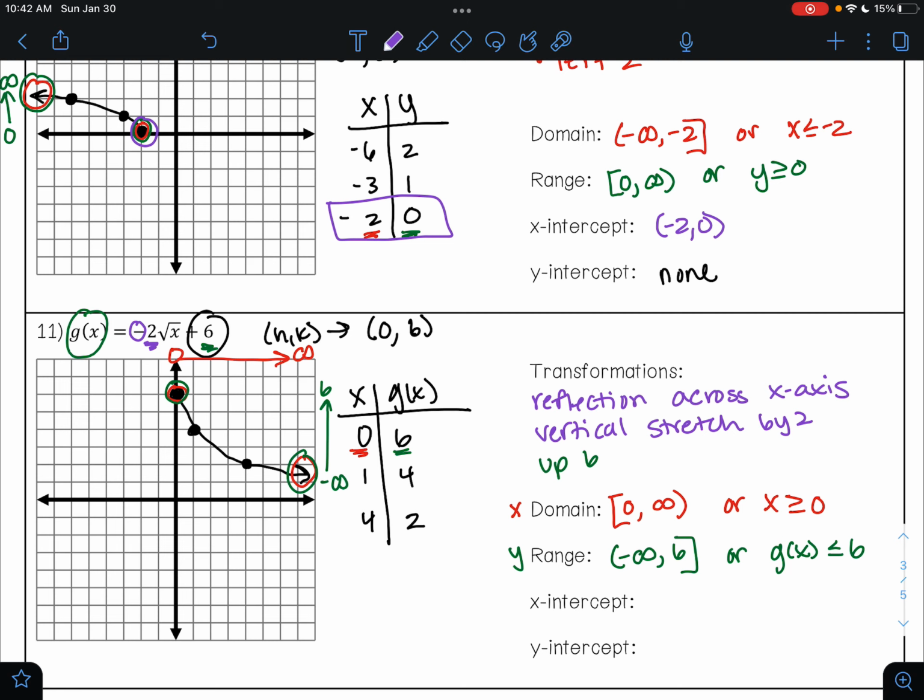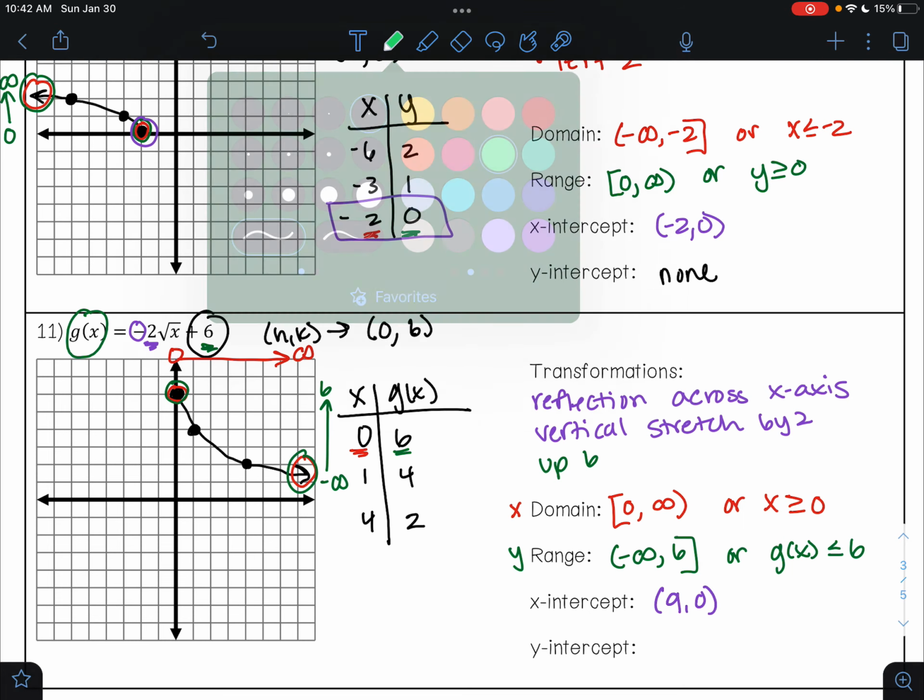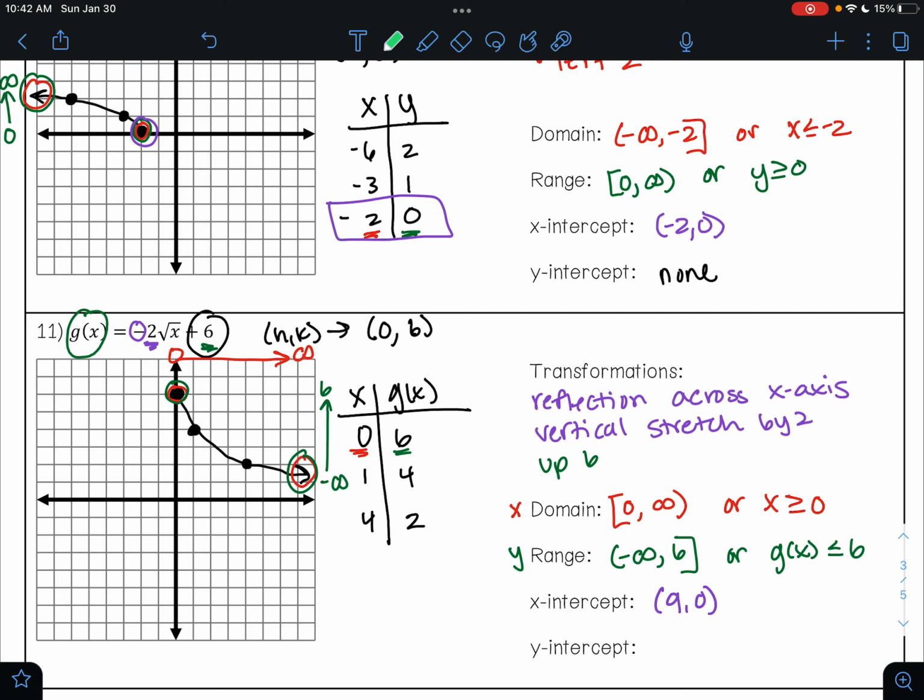Even though I'm not seeing it on my graph, I know that this is going to keep going down forever. So eventually it will cross, and it does cross at the point 9, 0. Your y-intercept is where your curve crosses your y-axis. That is happening right here at the point 0, 6.